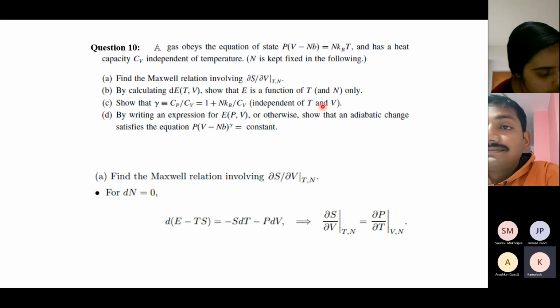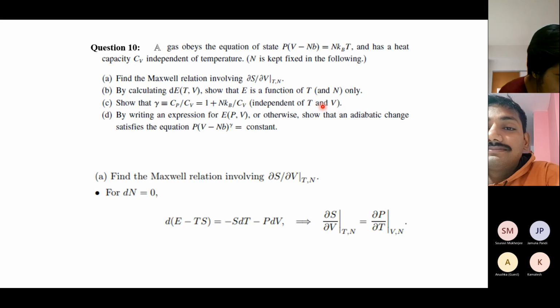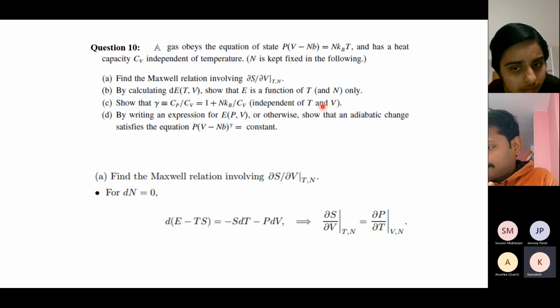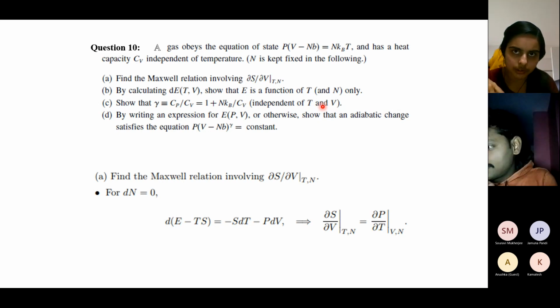Can we use del P by del T? Can you just repeat once? We can write CV as dq by dt, right? You are telling that you can write CV in terms of dq by dt at constant volume.